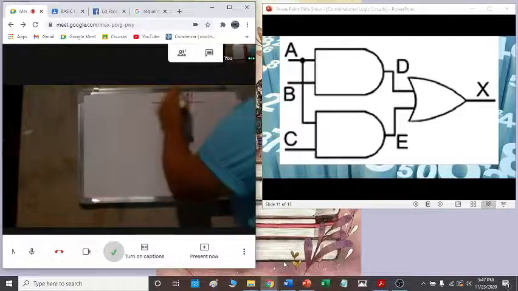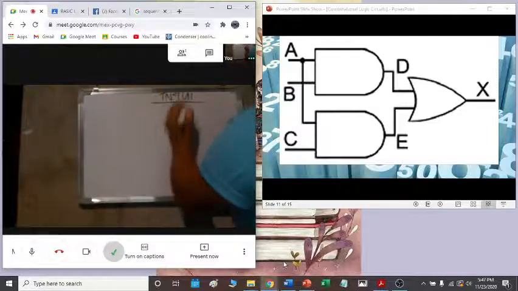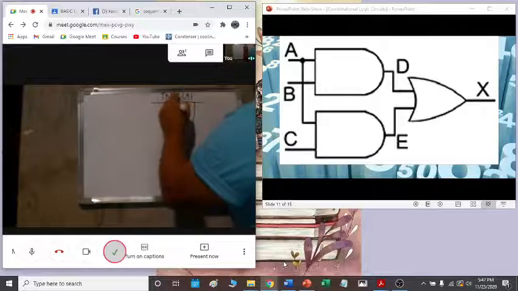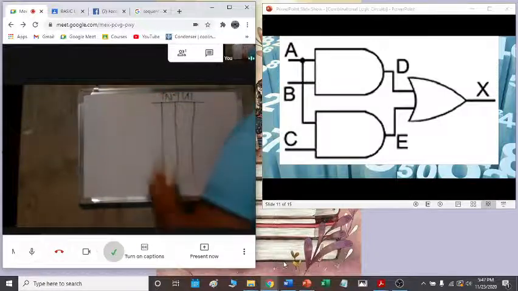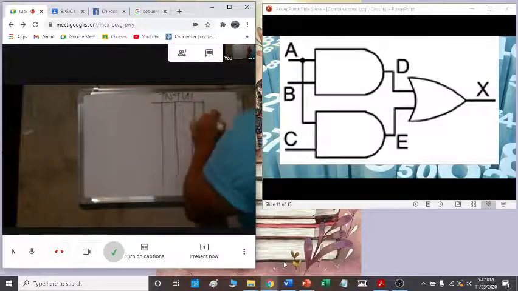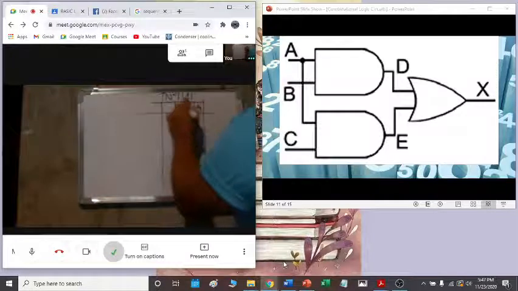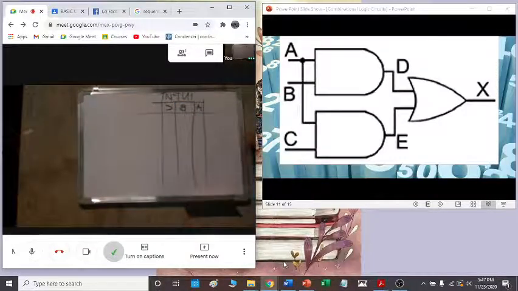So, since we have 3 inputs, we form three columns. So, this is for A, B, and C. And in our technique, since we have 8 possible combinations, we divide 8 by 2, which will give us an answer of 4.